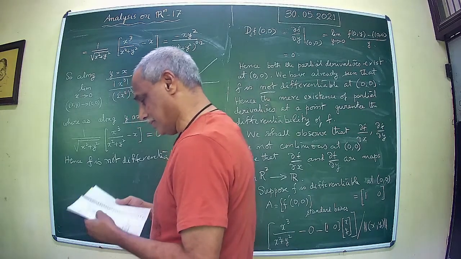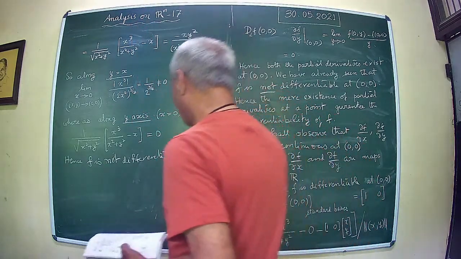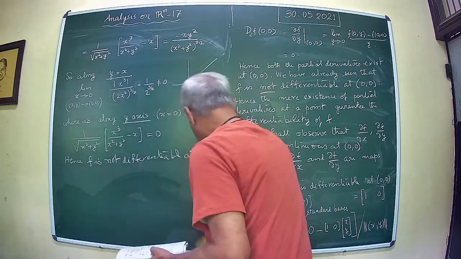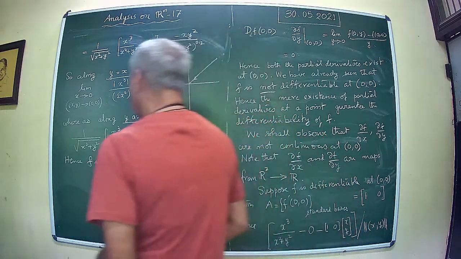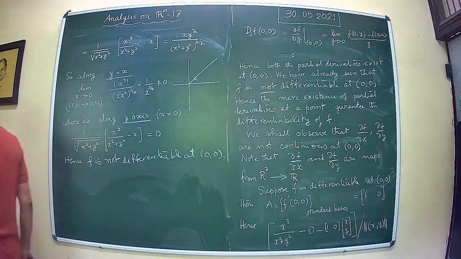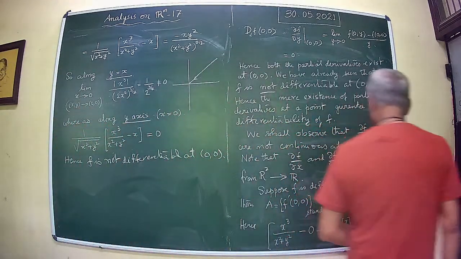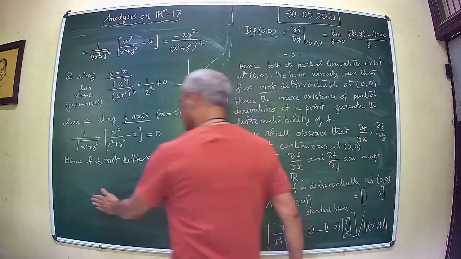behavior of the partial derivative. Okay. We also make the following observation. So in spite of the existence of the partial derivatives, now you see that this is not differentiable at 0, 0.